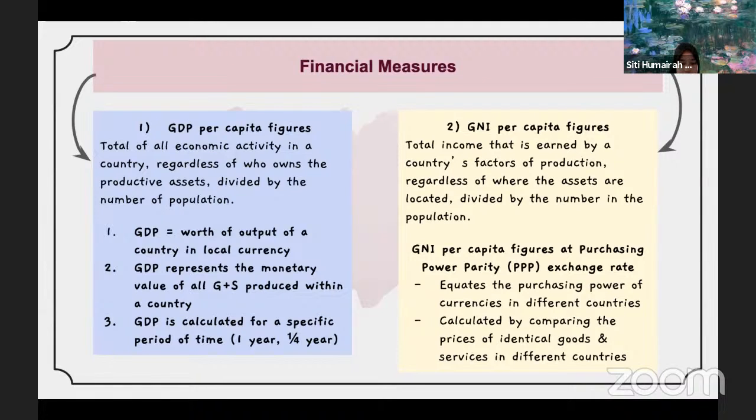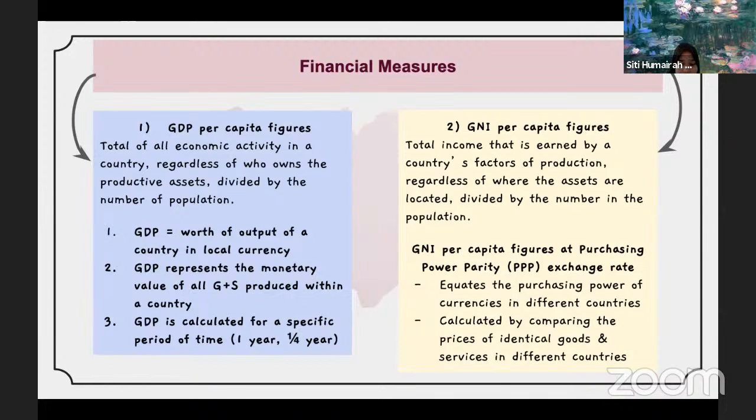GDP is a number that expresses the worth of the country's output in local currency. It also represents the monetary value of all the goods and services produced within that country. And it is usually calculated for a specific period of time, for example in 1 year or in a quarter of a year.